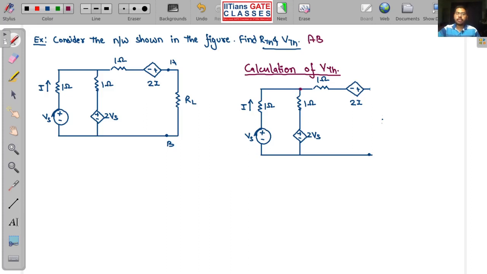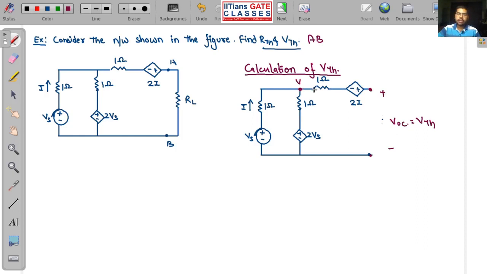So whatever is the terminal voltage at this point will be directly shorting out to this terminal. Why? Because no current is flowing. This is plus minus V open circuit voltage, which is equal to my Thevenin voltage. So no current is flowing, so whatever will be my V, it will be shorting out to this VOC.